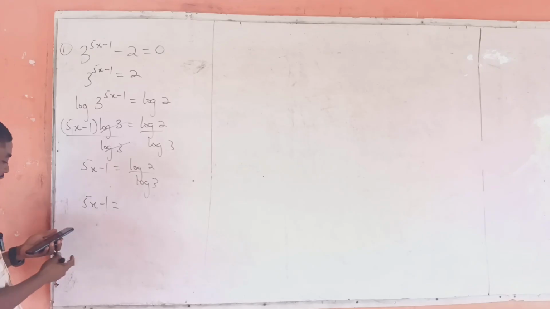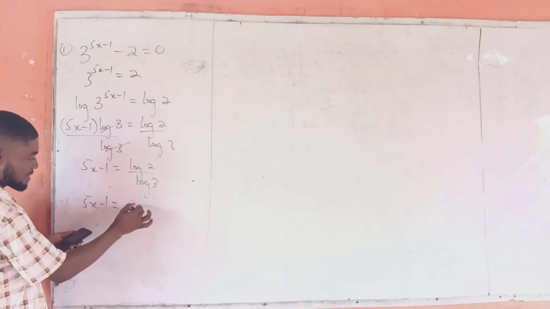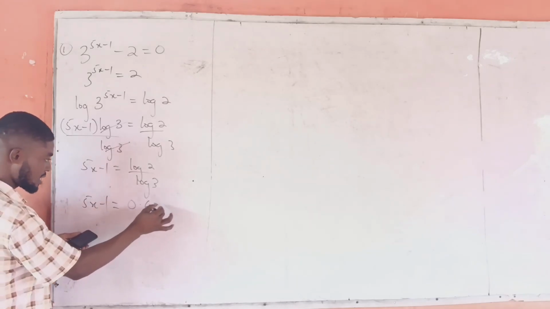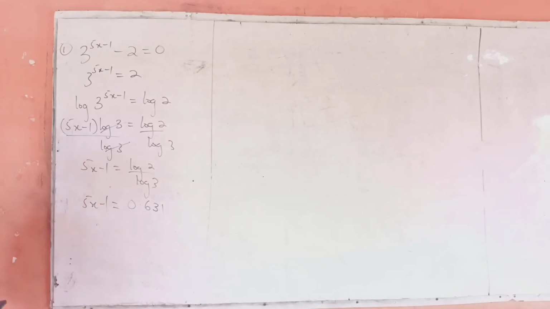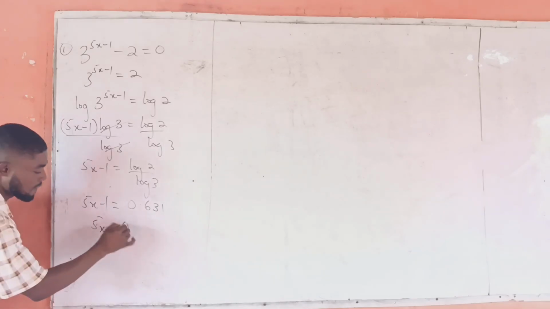Since they are all in base 10, that is going to give me 0.631 to 3 decimal places.